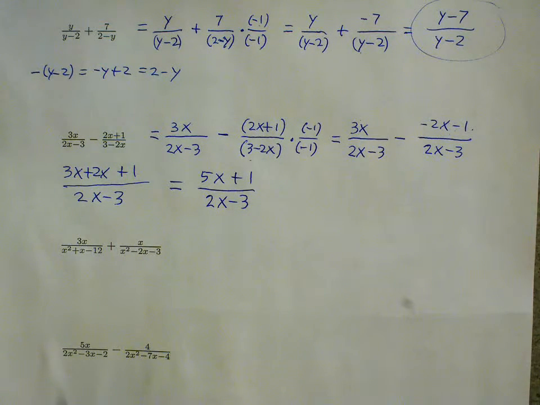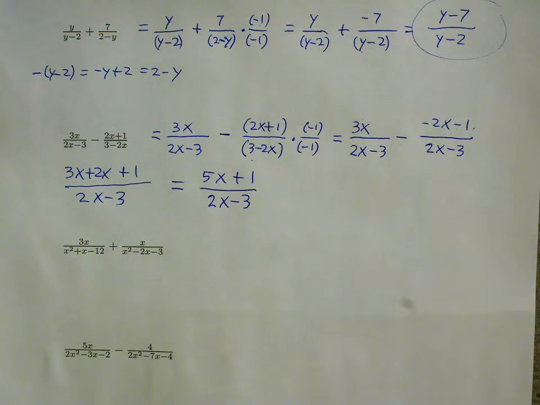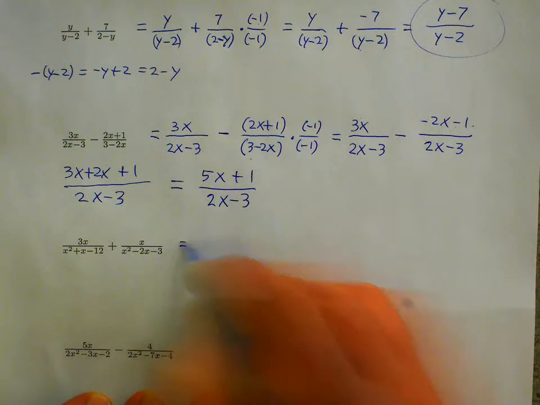Okay, the next one, 3x over x squared plus x minus 12 plus x over x squared minus 2x minus 3. So let's factor the denominators.